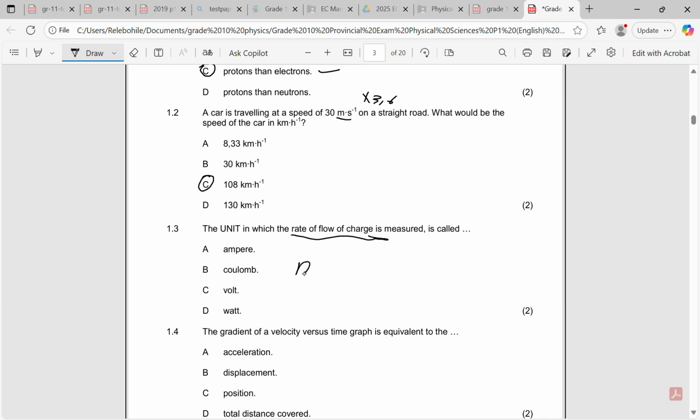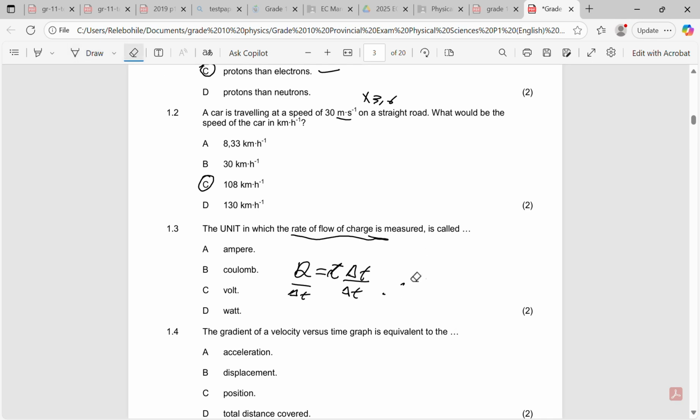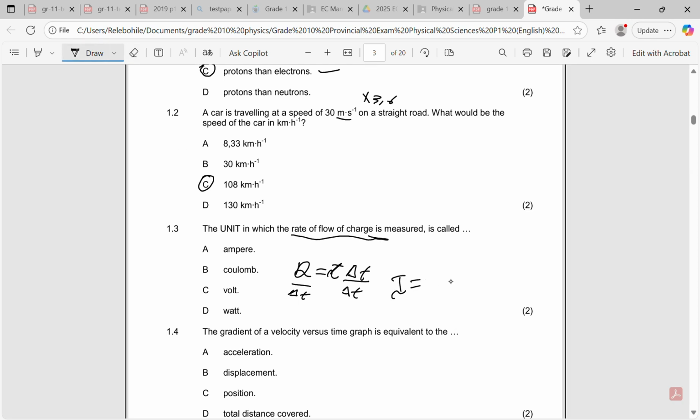We have this formula: Q is equal to I multiplied by delta T. So if I'm dividing by delta T on both sides, then it means I'm going to have I is equal to Q divided by delta T.